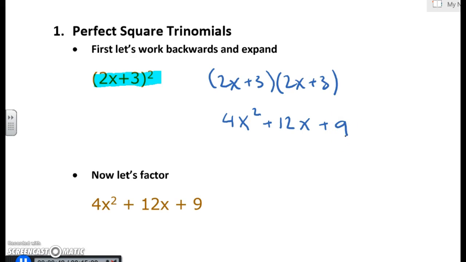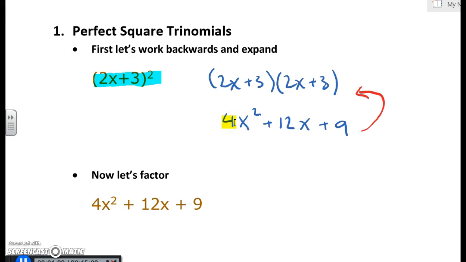Okay, now if I had to go from here back to my original factored expression, I might apply the factoring techniques that we learned last lesson. But it might take you some time, especially if you're not confident factoring trinomials with a leading coefficient yet.